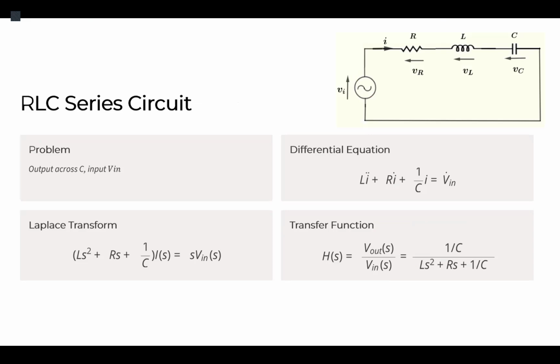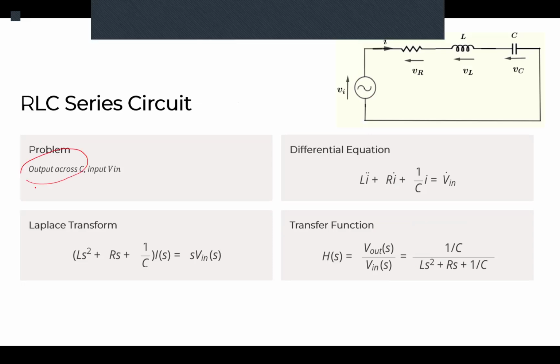What if we have an RLC circuit in series and we wanted to find the relation between voltage across the capacitor versus the input? Again, we can run a KVL. The input is going to be equal to the voltage across the R, which is RI, correct?